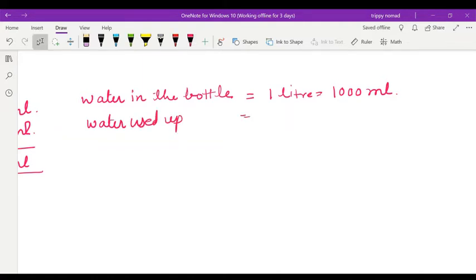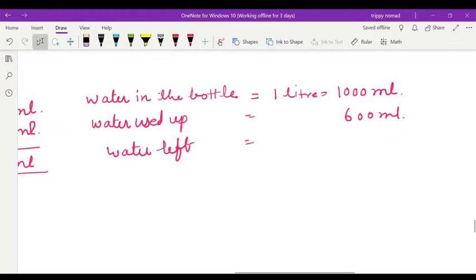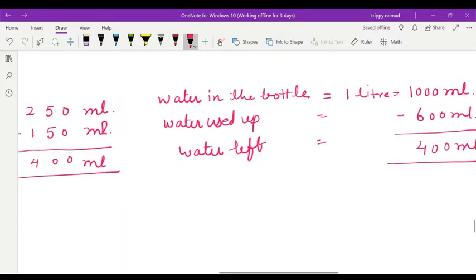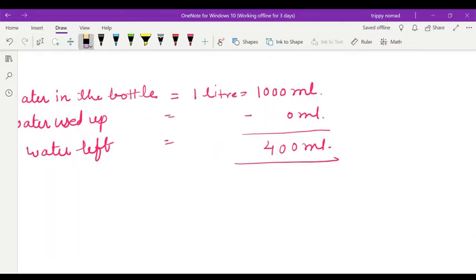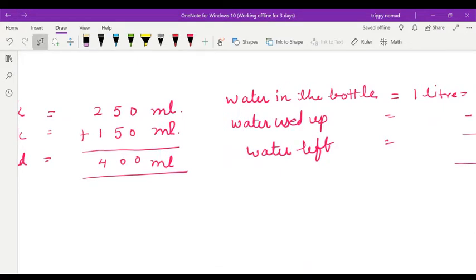That is 400 milliliter. Water left. Children, for left what do we do? We do subtraction. So 1000 minus 400, what is left? 600 milliliter. I hope you understood.